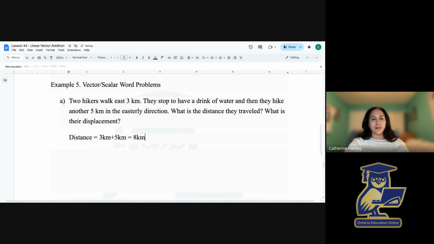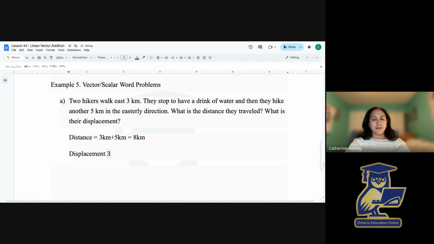kilometers. However, when we talk about the displacement, we have to consider the direction. So here, I will have to consider writing 3. I'm going to use my equation.